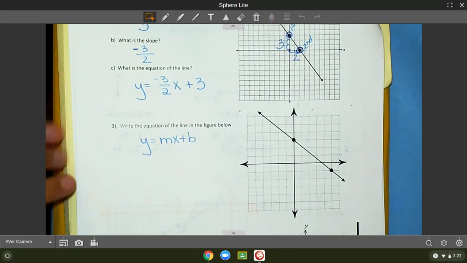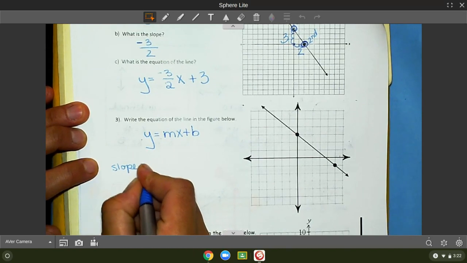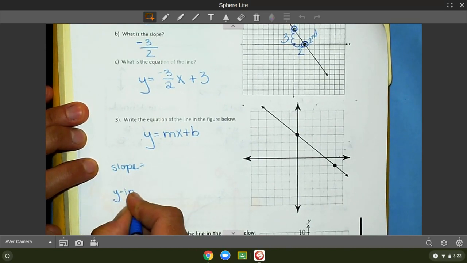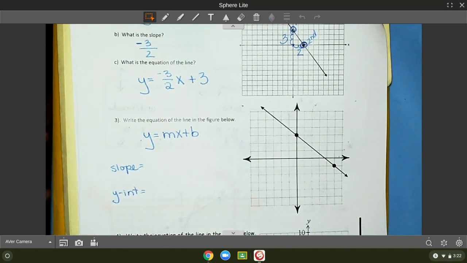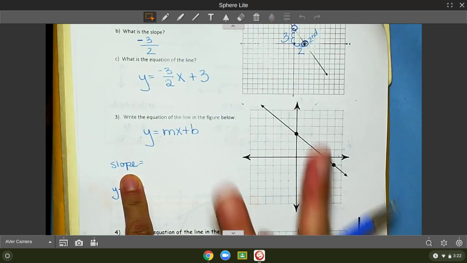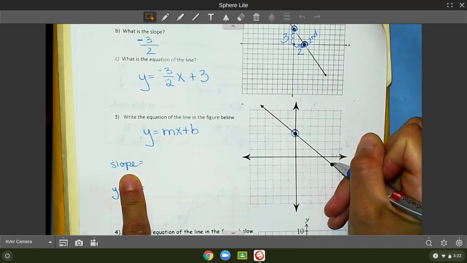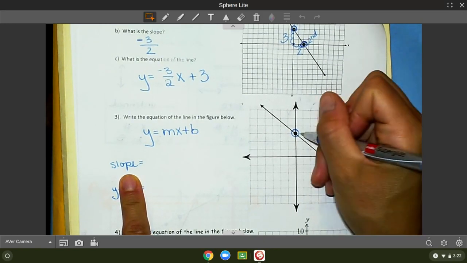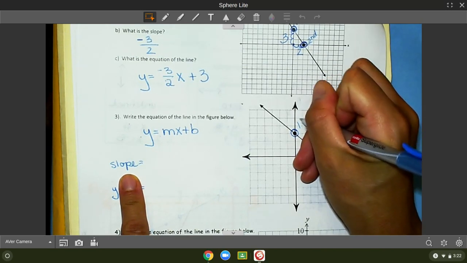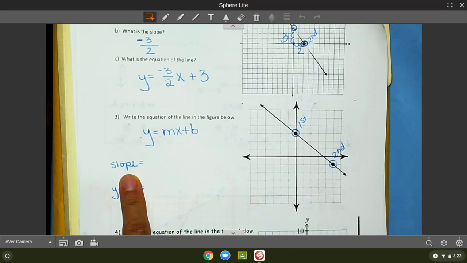All right, that means the first thing we need to find is the slope, and we also need to find the y-intercept. Okay, to find the slope, you need 2 points. Here's a point. Here's a point. We always go from left to right. So here's your first point. Here's your second point.